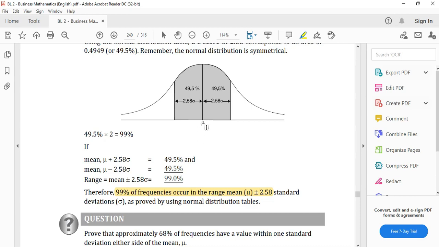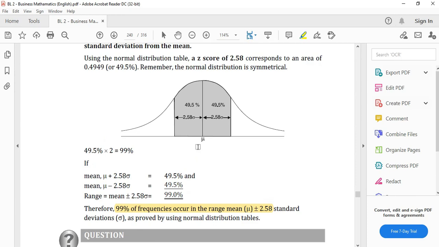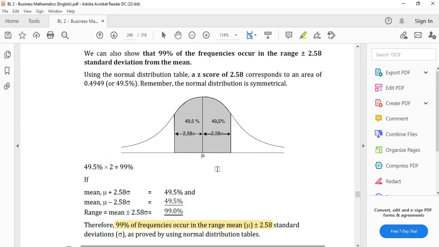In a standard normal distribution, the mean is 0, but this is not a standard normal distribution, it's only a normal distribution curve, so the mean can be any value.